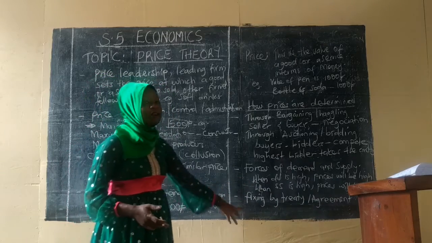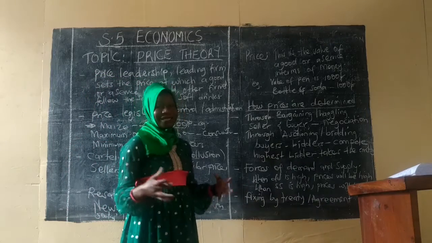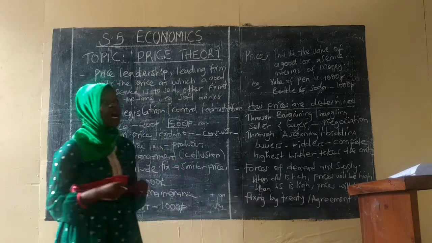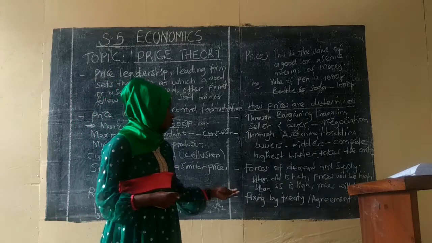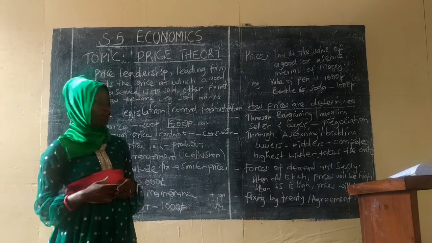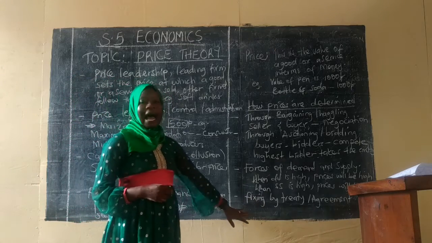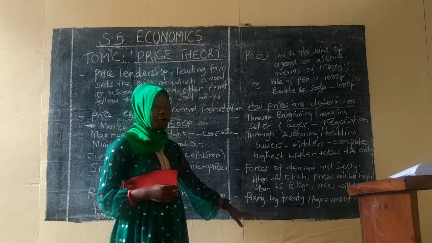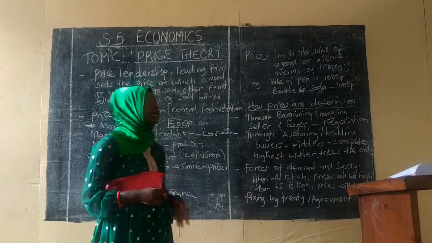Then we have fixing by treaty or agreement. The seller and buyer come, sit, agree on how much they have agreed to sell off the commodity. That is fixing by treaty or agreement. We have seen an example of rentals, an example of land, people who are selling off land.